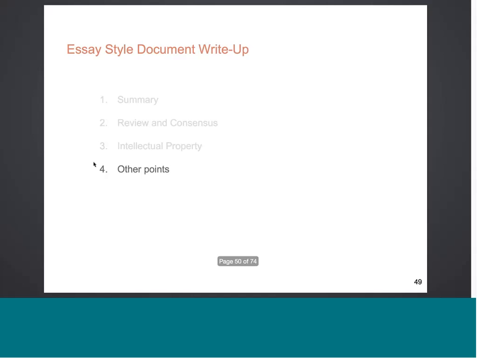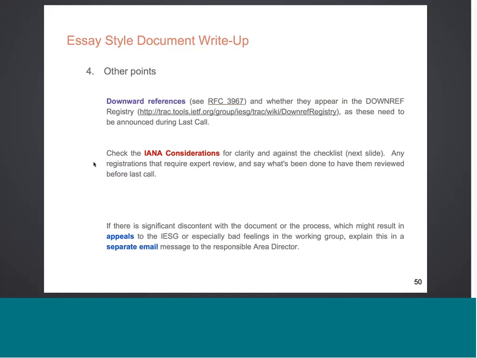Okay, other points. These are really good. These are on this wiki on the document style. A downward reference, in case you'd forgotten what that is, is a normative reference from a standards track or higher document to a lower status document, for example an informational document.